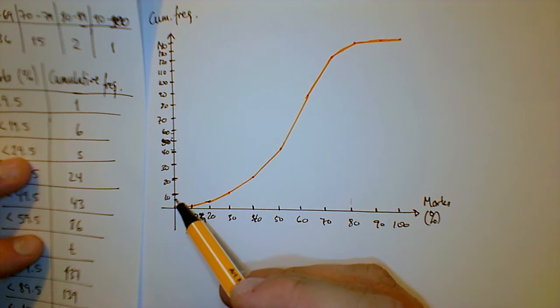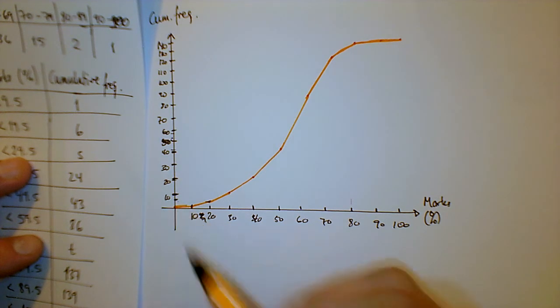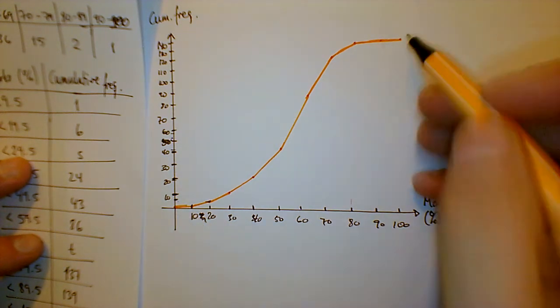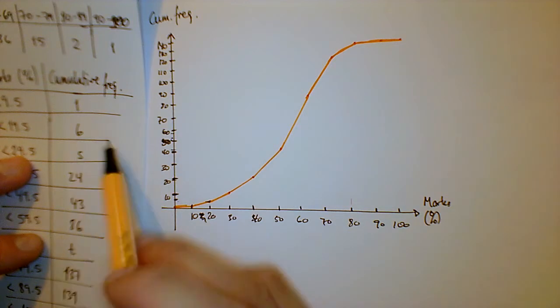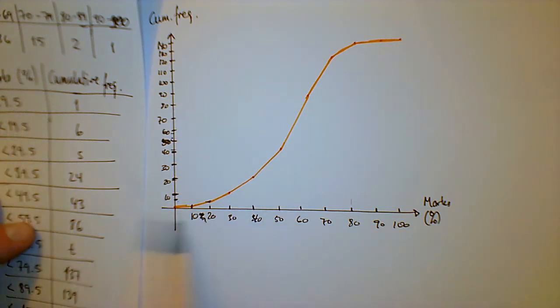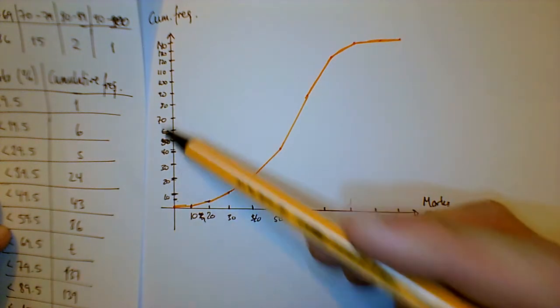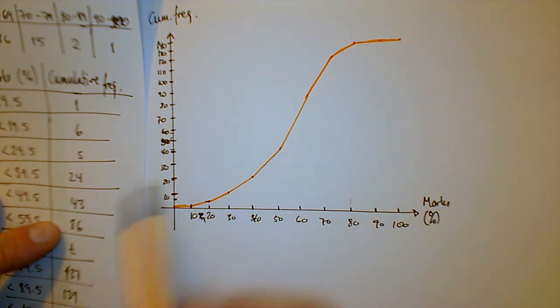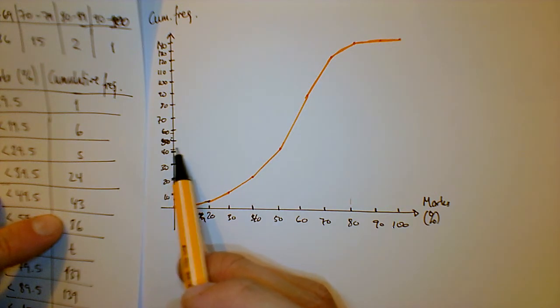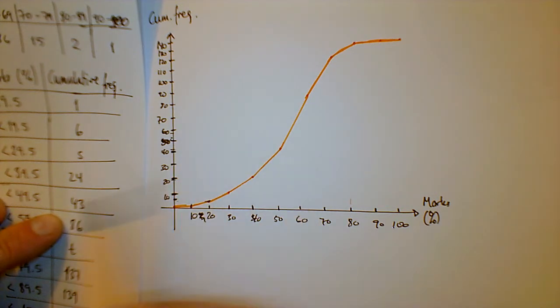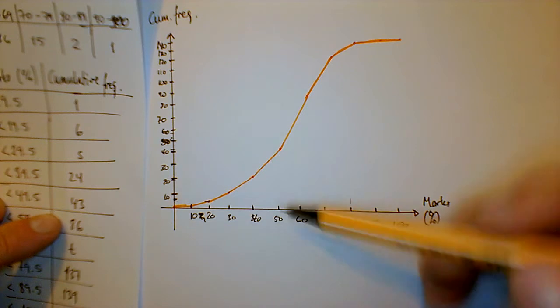You take along the x-axis the upper boundaries, and on the y-axis we take the cumulative frequency. So if the cumulative frequency is 43, for example, that's approximately here, and we see that the boundary is 49.5, so that's going down there. So that should be correct, and you see this tiny red dot there.